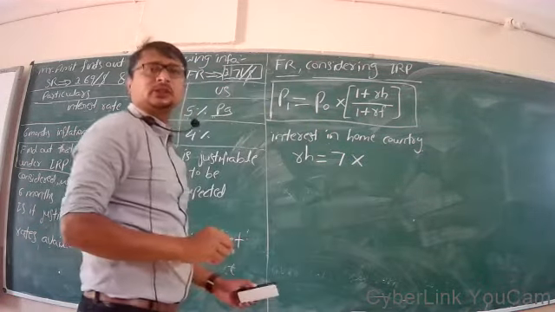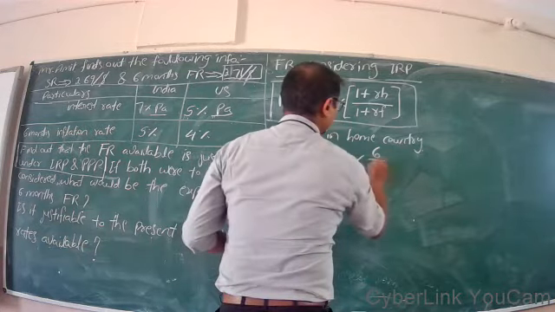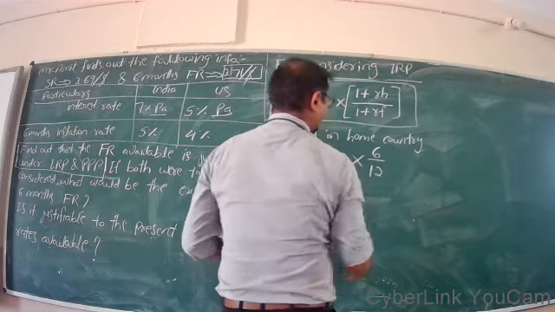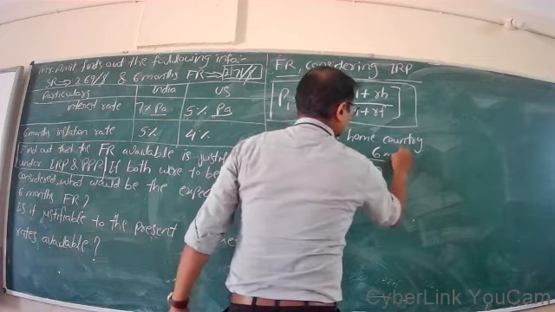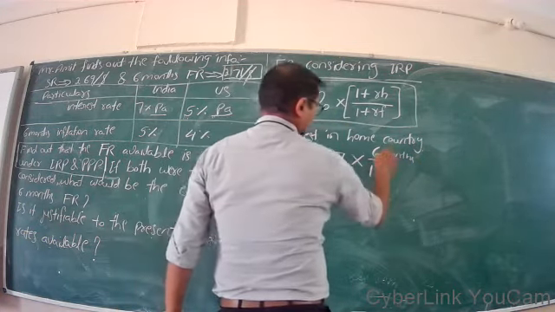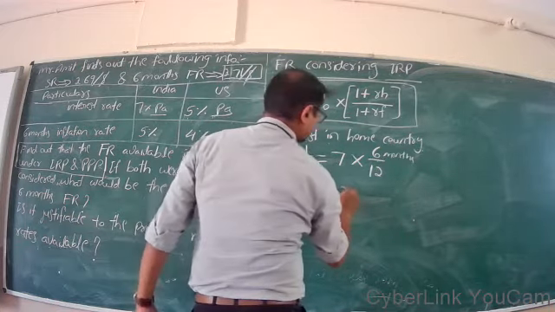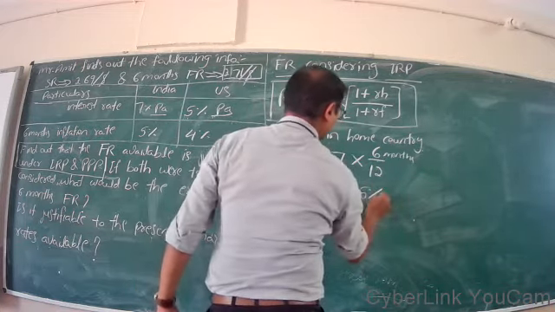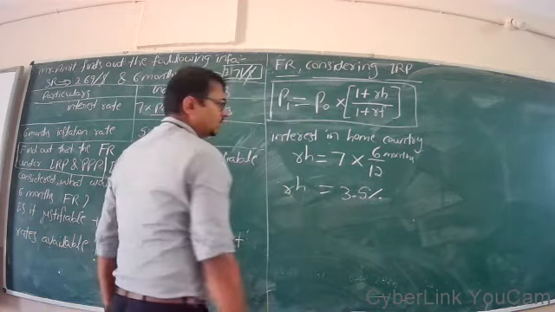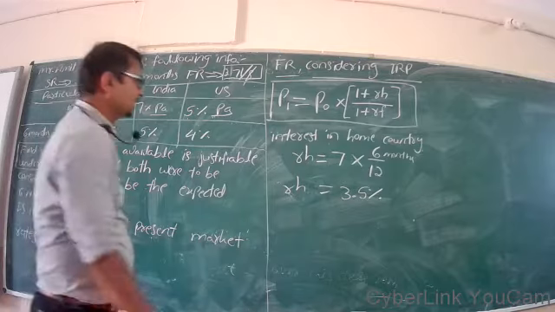For 6 months we need only 6 months, so you multiply by 6 divided by 12, which is 1 by 2. That means 3.5%. So interest rate in home country becomes 3.5%.